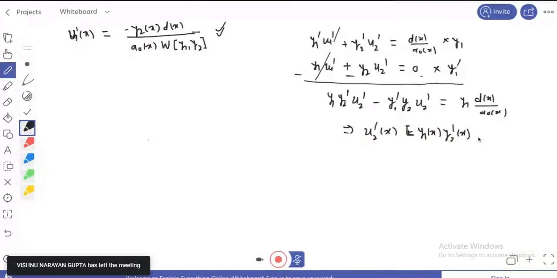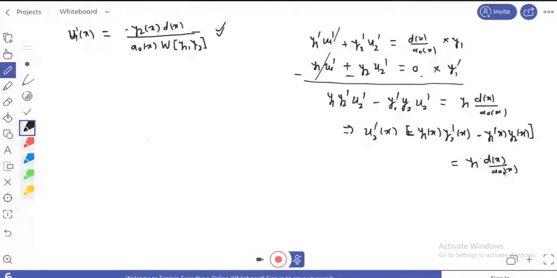Okay, so minus y1 prime x and y2x, and that equals y1 dx over a naught x. So this implies your y2 prime x equals y1 dx over a naught x, and this is the Wronskian of y1 y2.